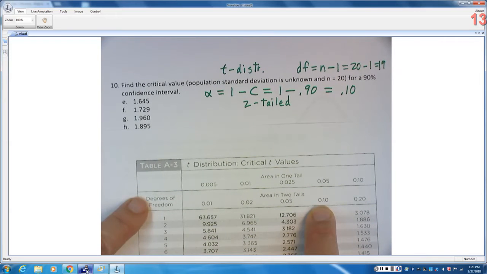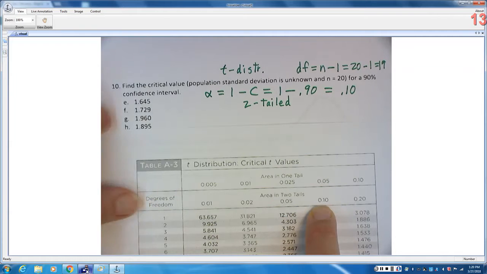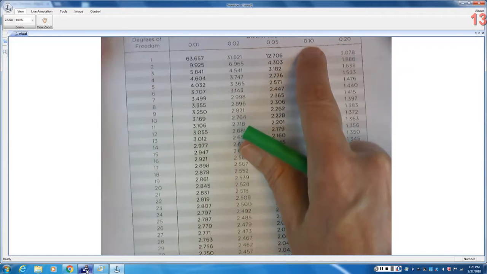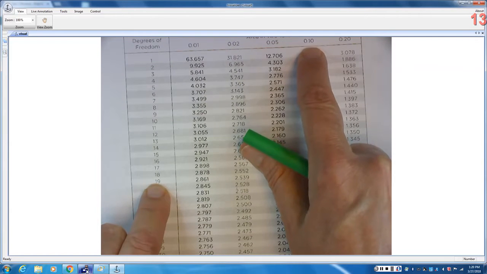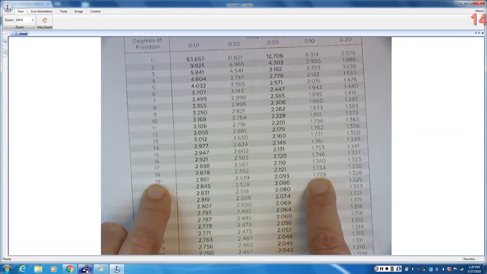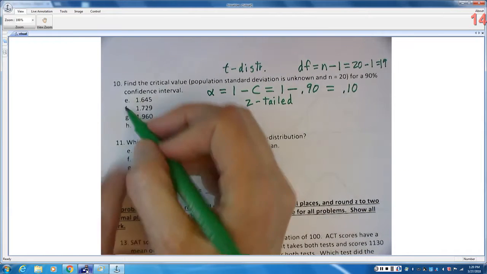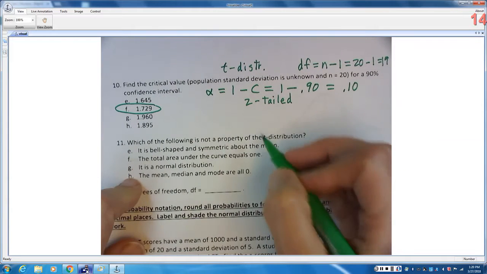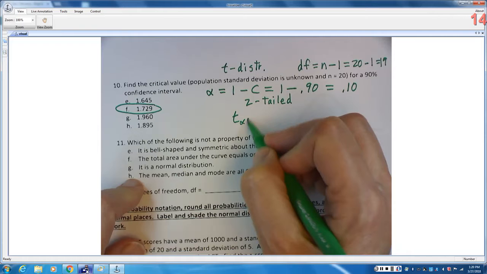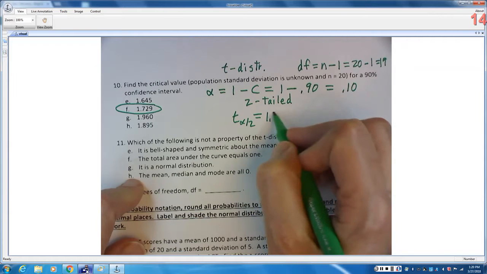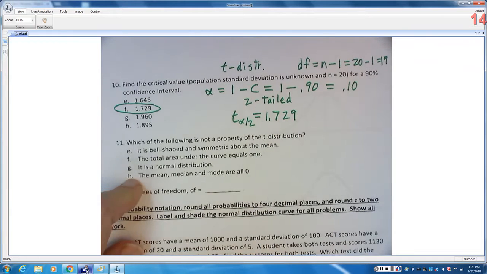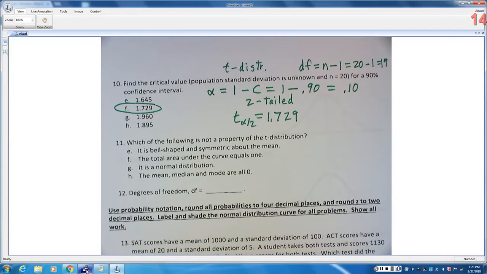The degrees of freedom was 19, so I have to go down to 19. And it's always going to be a positive number for this chapter, 1.729. t alpha over 2 is 1.729. I got that from the table.